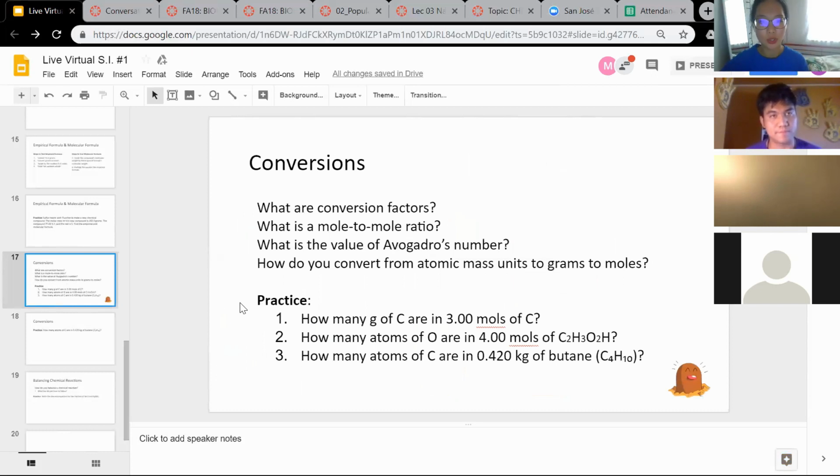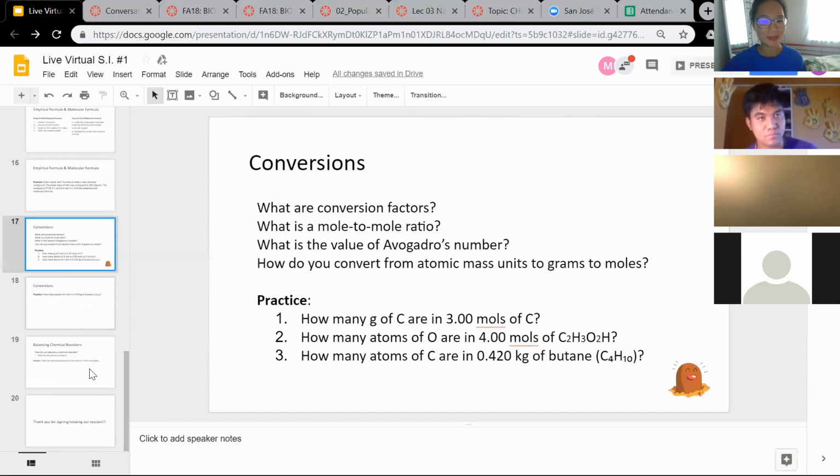For this, you need to be comfortable with these terms: what is a conversion factor, what is a mole-to-mole ratio, what is the value of Avogadro's number, and be comfortable with converting between atomic mass units to grams to moles. Okay, so go ahead and try out these practice problems. I'm only going to do one of the problems with you guys because we're running low on time.